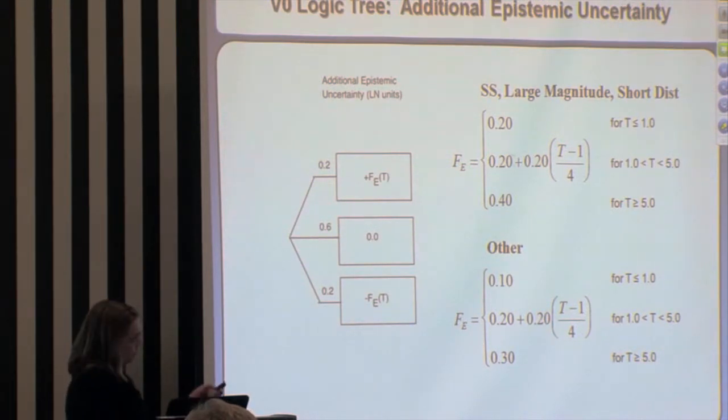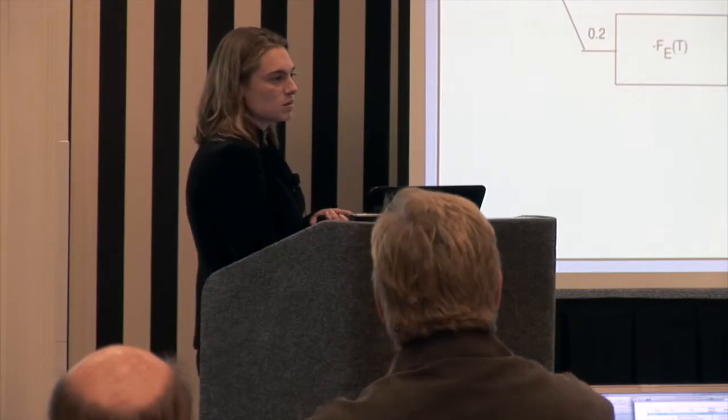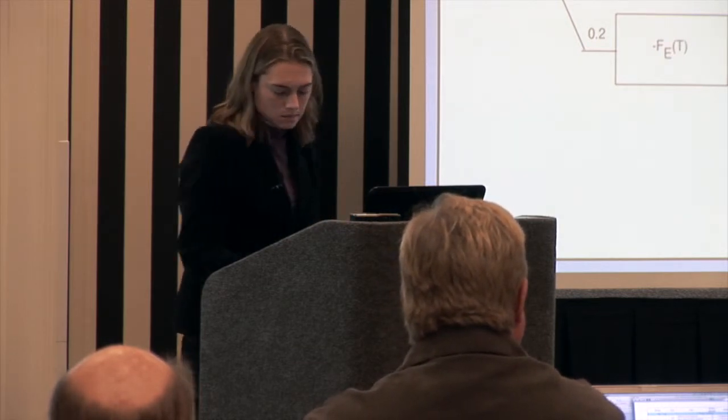And this model I want to mention was applied for the Hosgri fault. And the other model was applied for the other faults in our seismic hazard, and it accounts for the fact that again, the NGA models are not independent, and it doesn't add quite as much epistemic uncertainty because the variability between the NGA models already accounts for this.